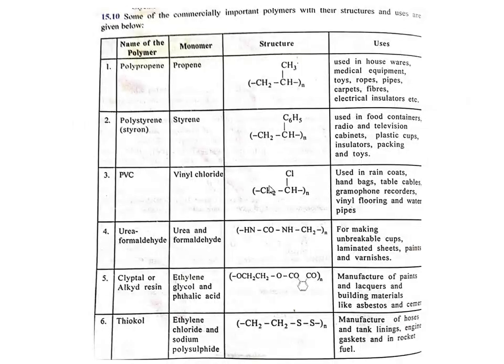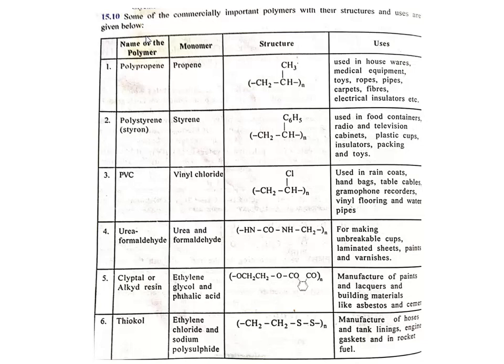Okay. In the last part of this, we'll see a table including some commercially important polymers with their structures, as given below. I have already discussed all these polymers, so this is just a glance for you, to understand the important monomers present, the names of the polymers, their structures and their uses.